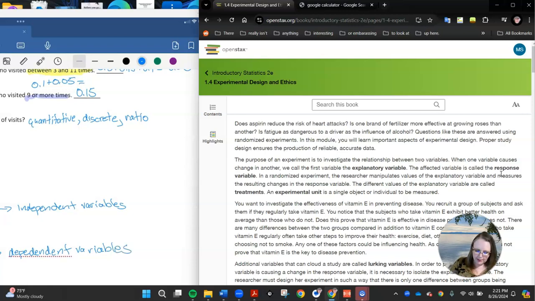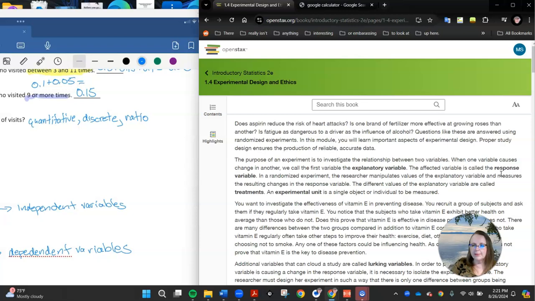Let's say I want to measure how much time students spend studying and whether or not it improves their test scores. So the explanatory variable is how much time they study. That explains the response variable, their test score, or I want it to explain the test score. And so that's what those two types of variables are.